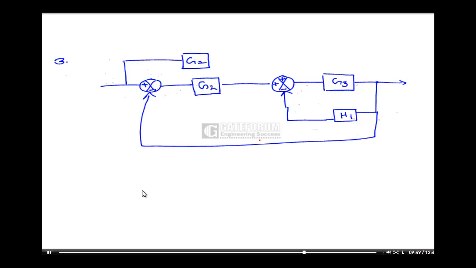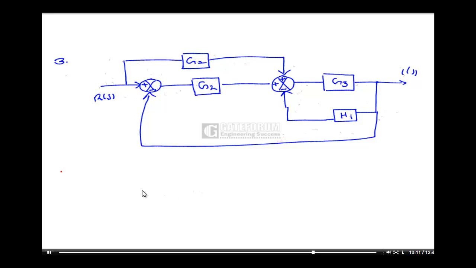When it is a direct line, that means the feedback factor in this is equal to 1. RS, here it is CS. Find RS by CS or make it as a simpler block diagram.